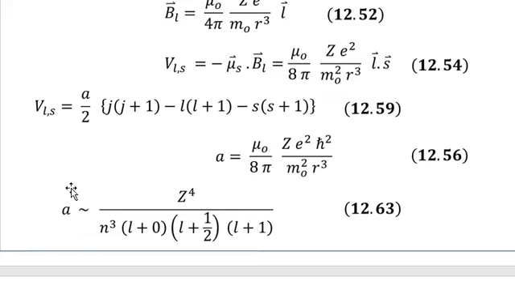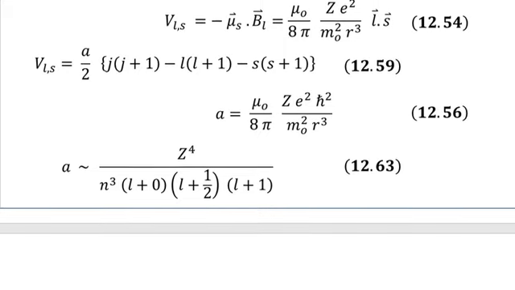A, the fine structure splitting constant, is roughly equal to Z to the power 4 divided by n to the power 3 multiplied by the terms L, L plus half, and L plus 1, as shown in equation number 63. So this was covered in lecture number 3 of this series. This lecture was presented in slide number 12C.